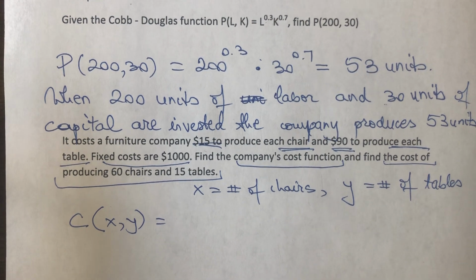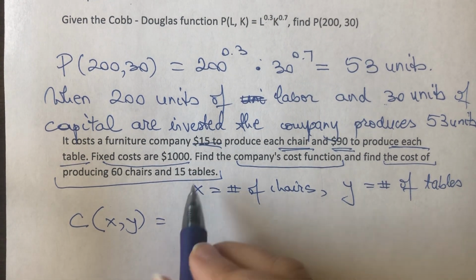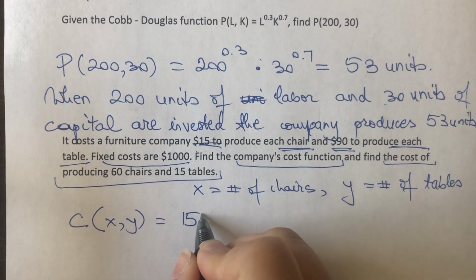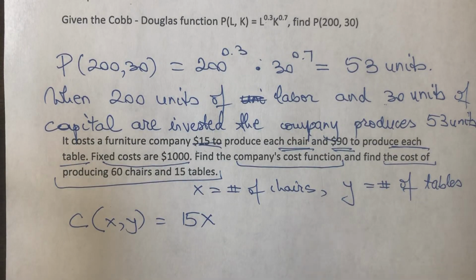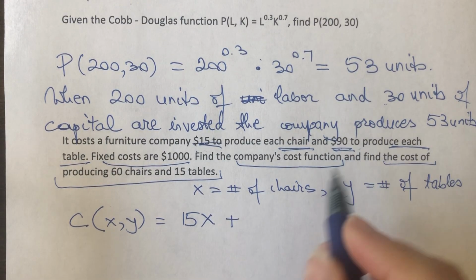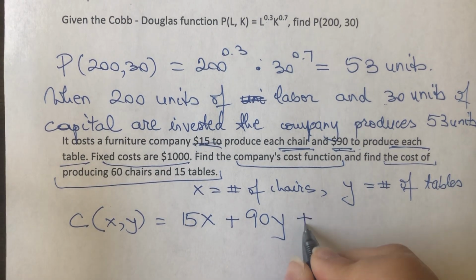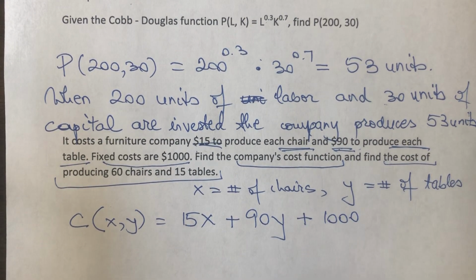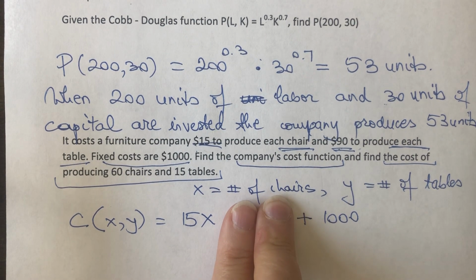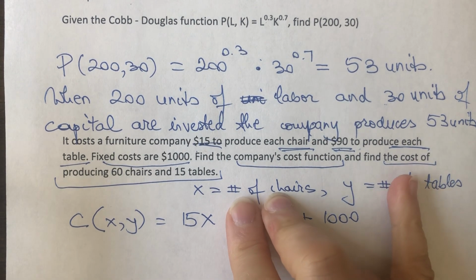Okay, all right. So what does it cost? It costs $15 for each chair, so that'll be 15x, plus $90 for each table, so that'll be 90y. And then the fixed costs that we're adding on that don't depend on x or y are 1,000. So just as simple as in the last chapters or so, where we were setting up cost functions that depended on one quantity only.